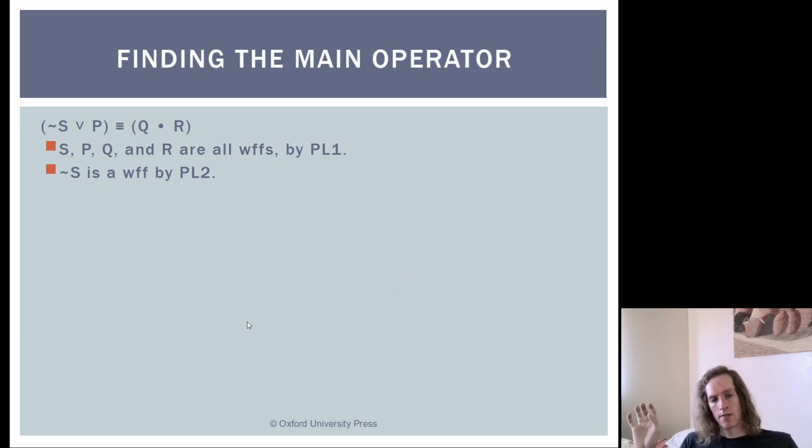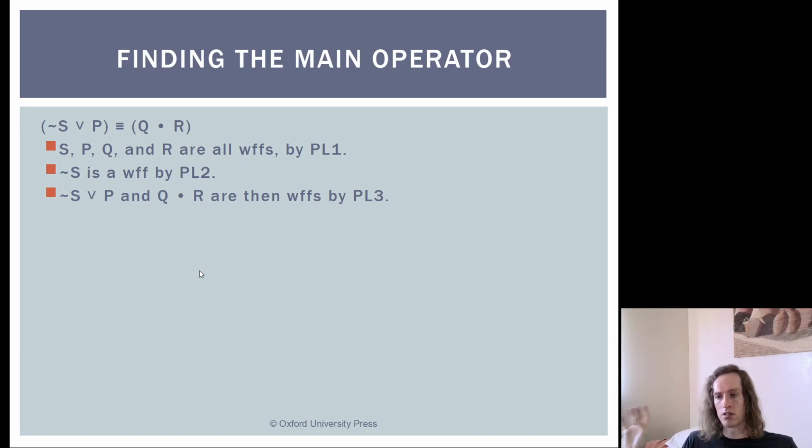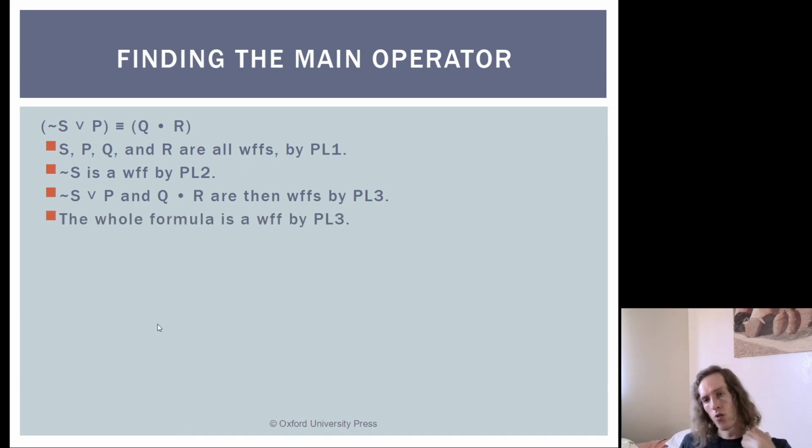So if S, P, Q, and R are all well-formed formulas, then not S is a well-formed formula. So if not S is a well-formed formula, then not S or P is a well-formed formula, because alpha or beta is a well-formed formula, and Q and R are well-formed formulas by PL3, then the whole formula is a well-formed formula by PL3.